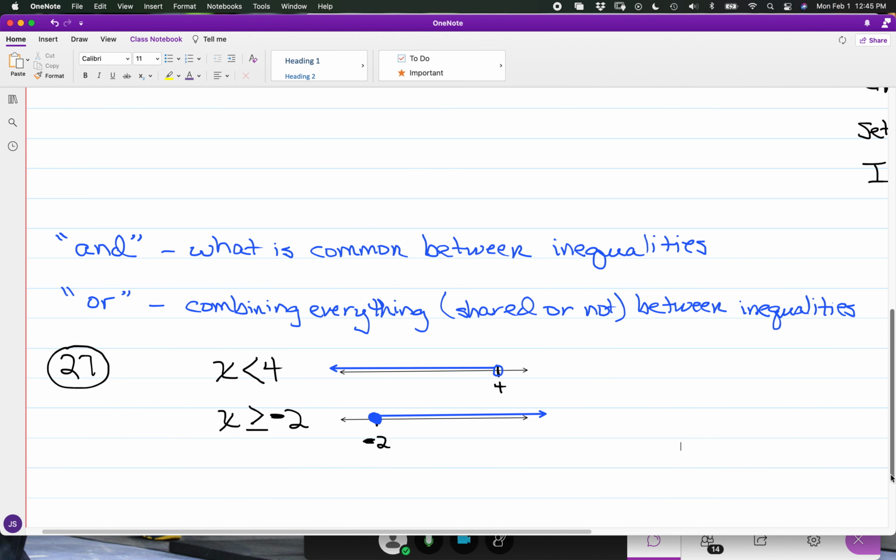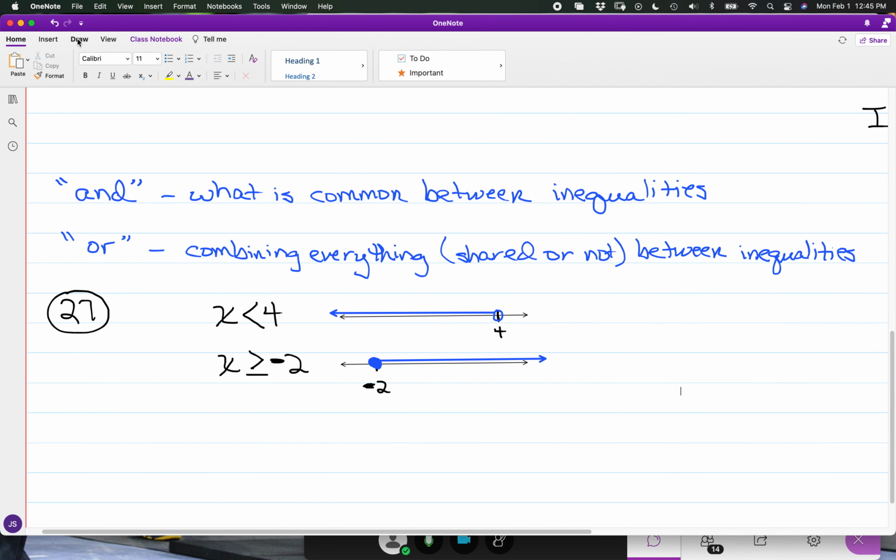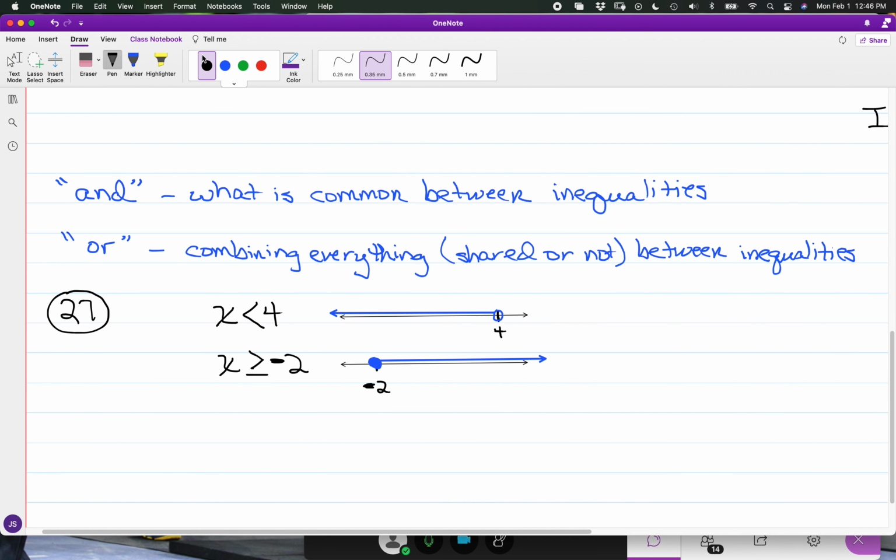Now, in looking at what's going to be involved, whenever we take x is less than 4 and x is greater than or equal to negative 2, again, you're going to be looking at what will be shared in common.